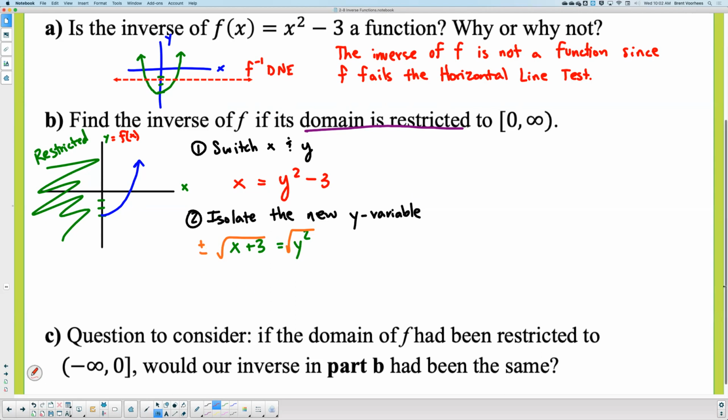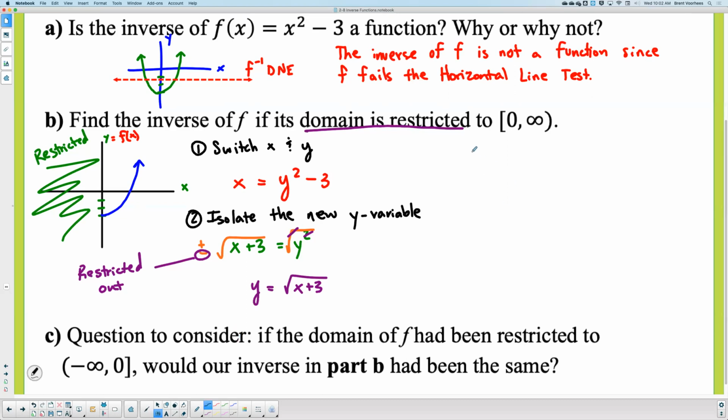We're not going to use this negative side. This part got restricted out. So we're not taking the negative square root here. We're only going to take the positive. So I have y equals, these two cancel each other, by the way, y equals the square root of x plus 3. That's going to be my inverse.